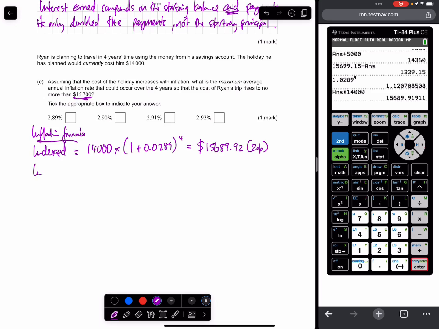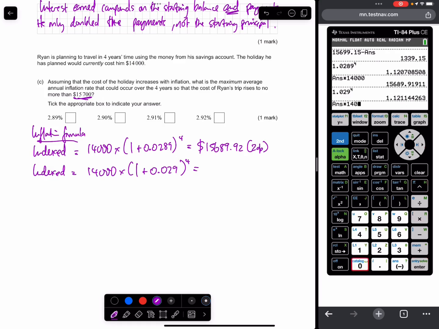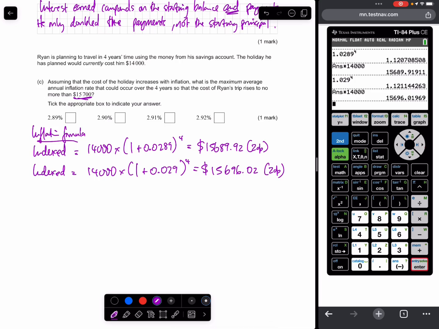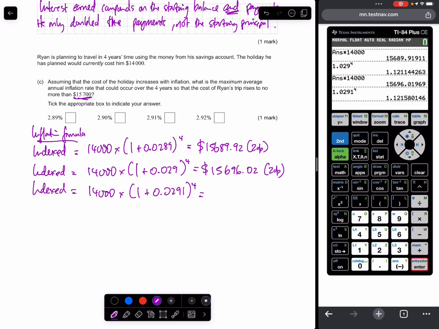It's the first one, indexed. 14,000 times by 1 plus 0.029 to the 4: 1.029 to the power of 4 times by 14,000 is 15,696.02 to 2 decimal places, still hasn't exceeded. 14,000 times by 1 plus 0.0291 to the 4: 1.0291 to the power of 4 times by 14,000 is 15,702.12 to 2 decimal places.